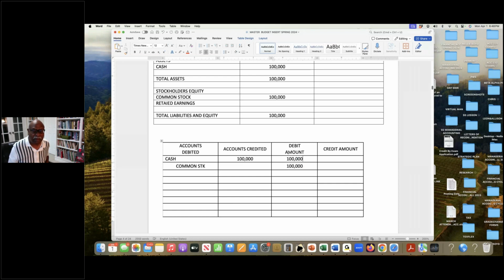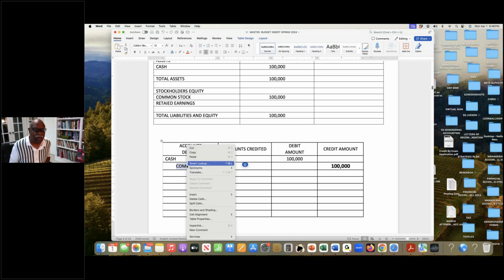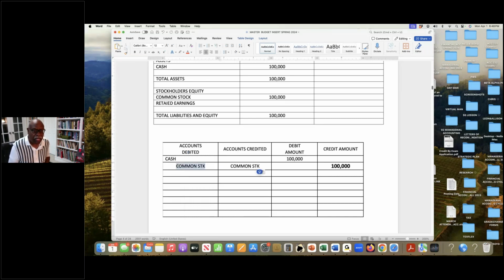Let me put the 100,000 here, credited on the left side. That way, the account debited and the account credited would be common stock. You can do it either way. So that's the first entry.